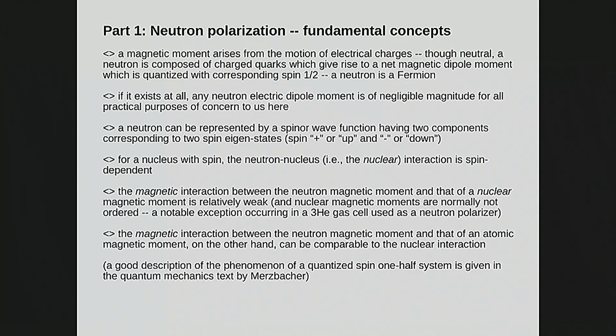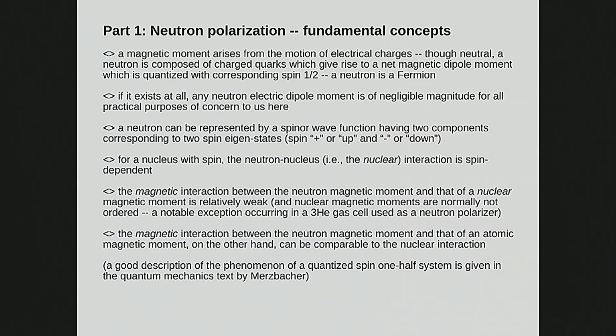Okay, so again, you can read this list and go through all of this, but we'll just sort of quickly excerpt the main points. Neutron has a spin half. It's a fermion, and that spin half is associated with an actual magnetic moment, a nuclear magnetic moment. It turns out that in quantum mechanics, everything is quantized.